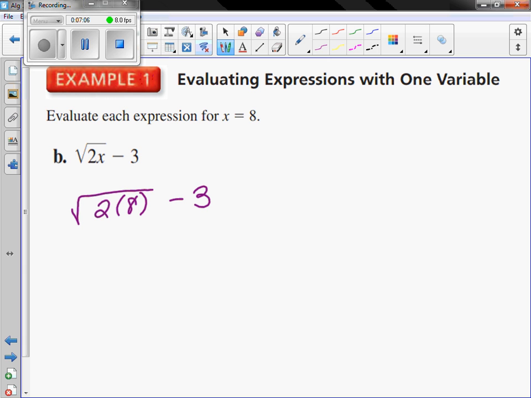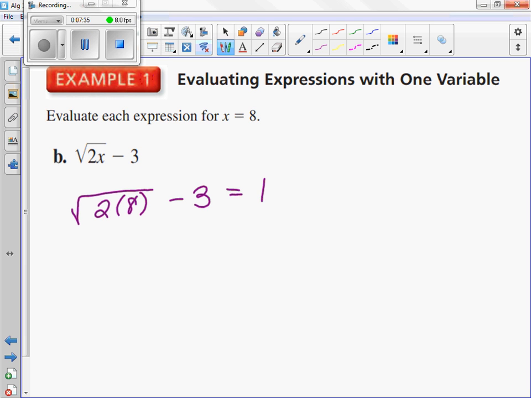So to get the square root, you have to do the second, and then minus 3. Everybody get 1?